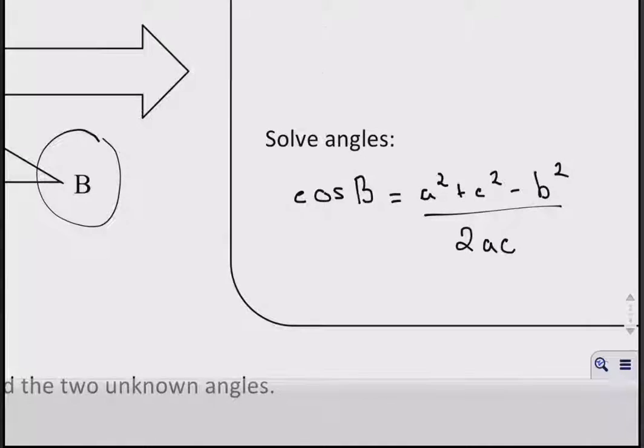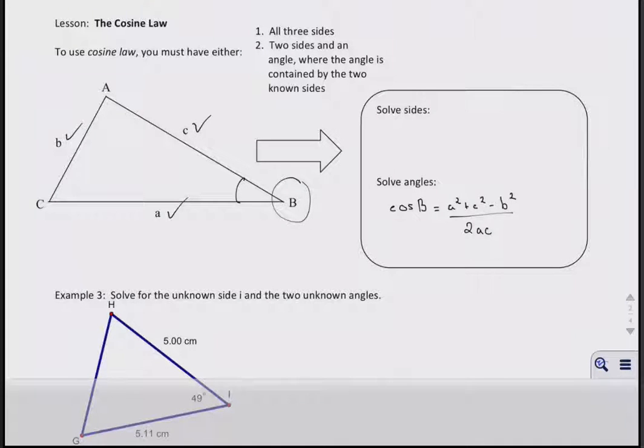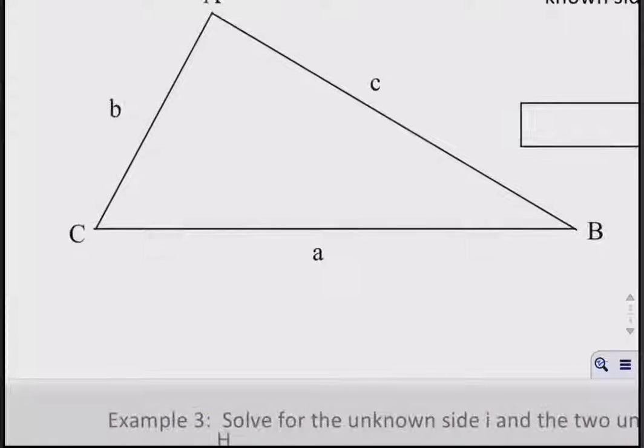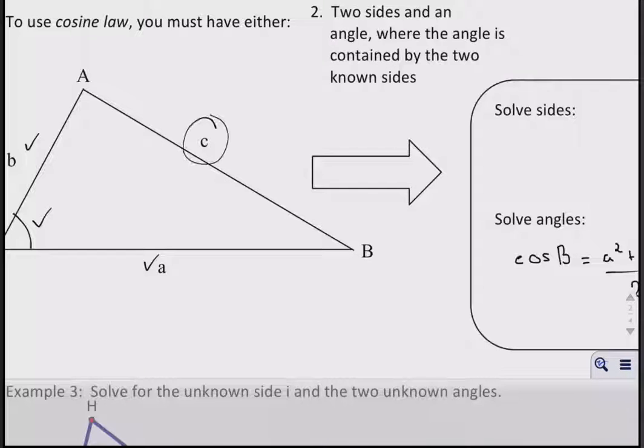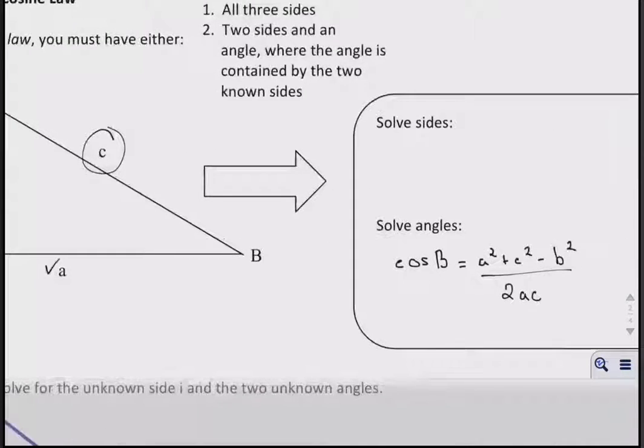On the other hand, you would also use the cosine law when you have, for example, two sides. So check mark means I know side B, check mark means I know side A, and I have the angle in between them. Check mark means I know angle C. In a case like this, you would be solving for an opposite side, which is C in this case.